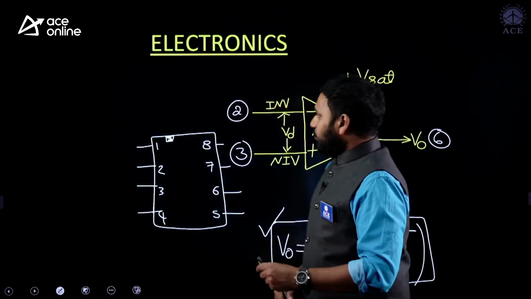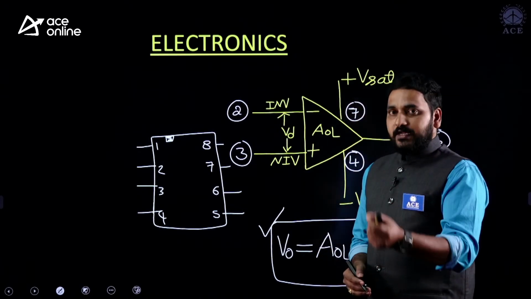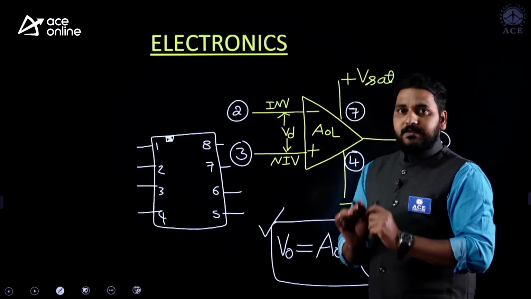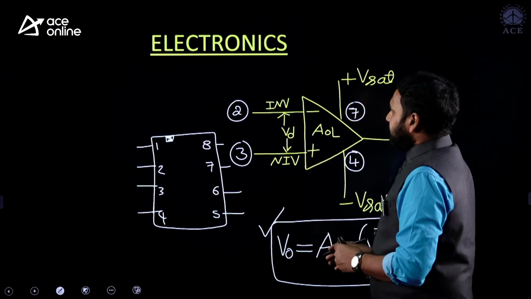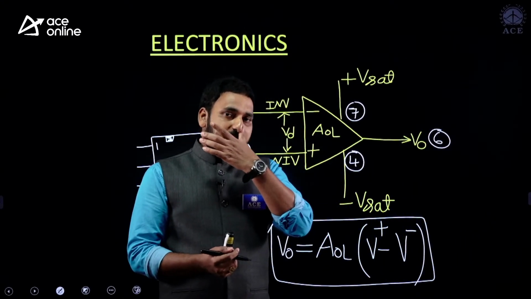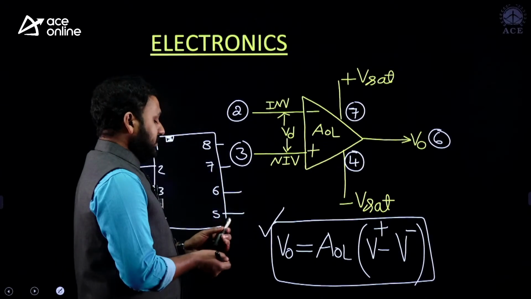And sometimes they don't even give you power supplies. Don't worry, you can assume the operational amplifier is working normally. If there are no power supplies, it means there is no influence of the plus saturation and minus saturation voltages in that particular problem. Like that you can understand. Okay, right.